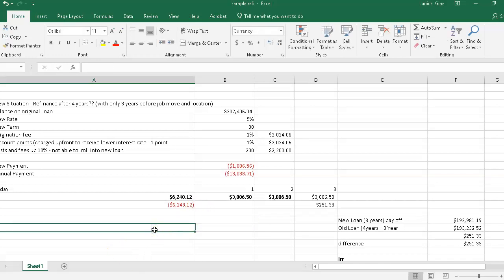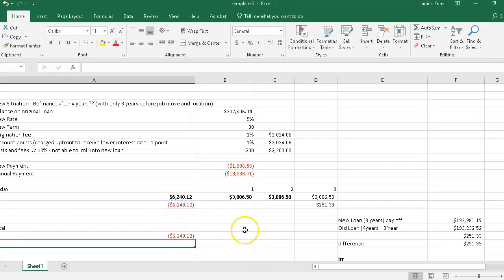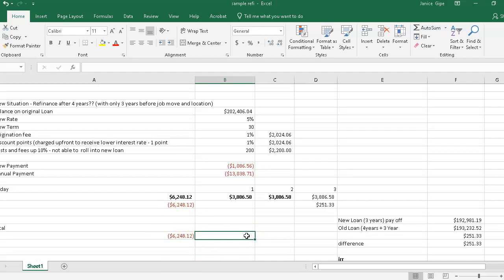Let's try that again. So the totals for these are equal to this sum. So that's a negative. This is what we'll pay up front. And then this is the total of this column. And then these two have to be added up for the savings for the 3rd year.